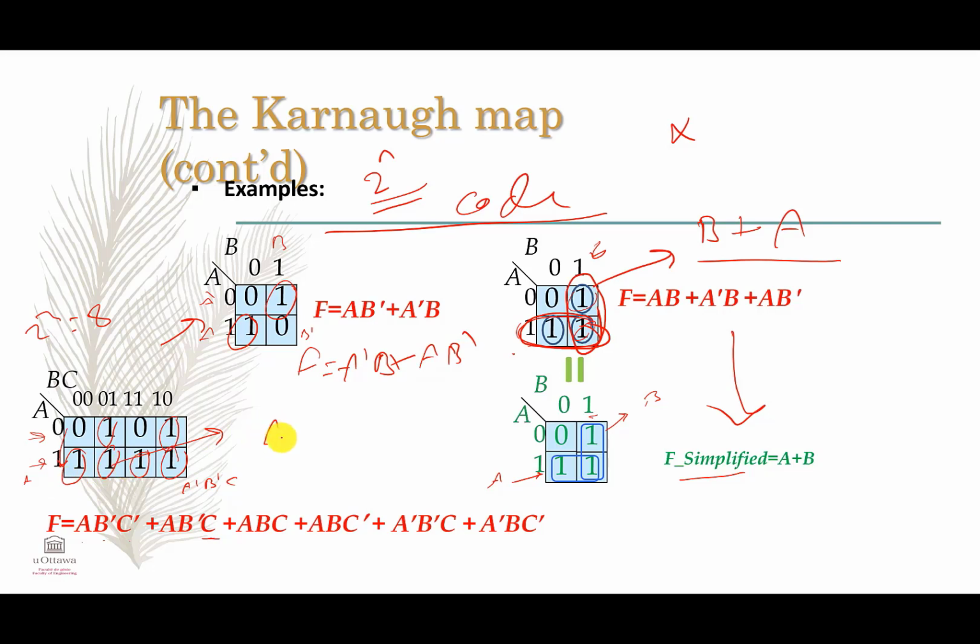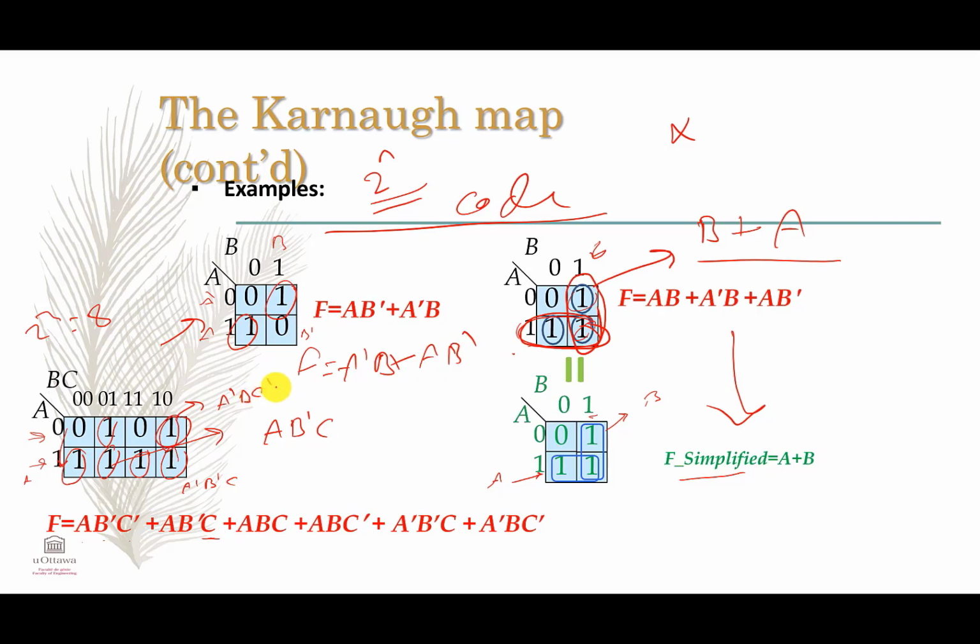It will be A, again, B prime C. And for this one, what's the equivalent term? It's going to be A prime, because at row A prime, and B, true state, and C prime.